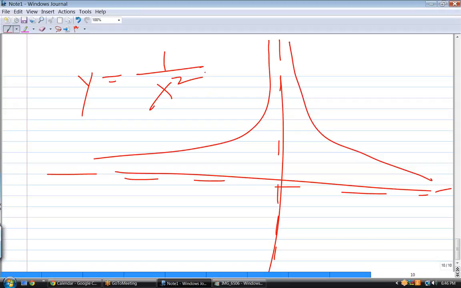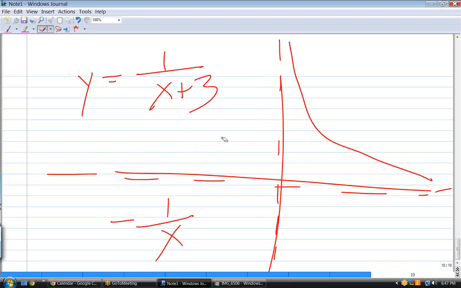But that's only because I'm dealing with a second degree polynomial in that denominator. As long as everything is linear, then I'm going to be in first and third or second and fourth, and you merely need to test any point you want to determine which.